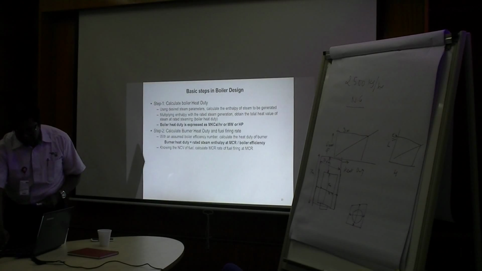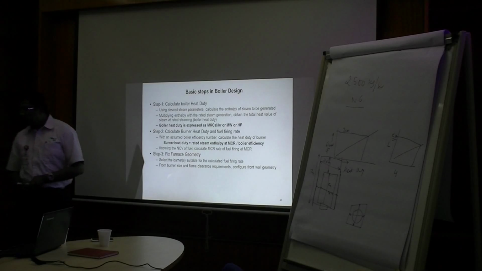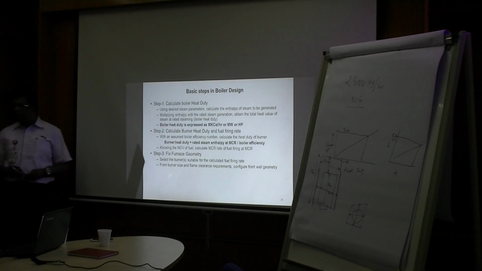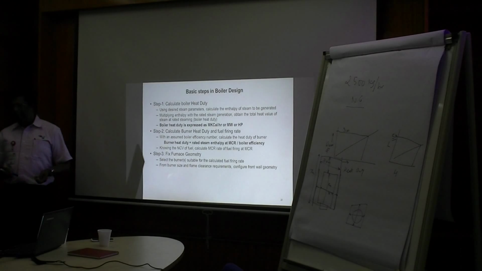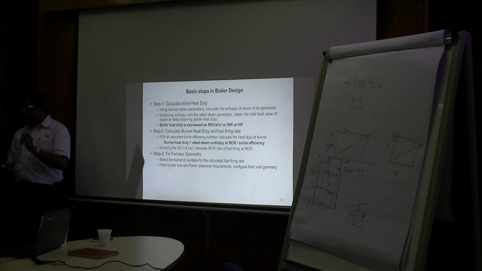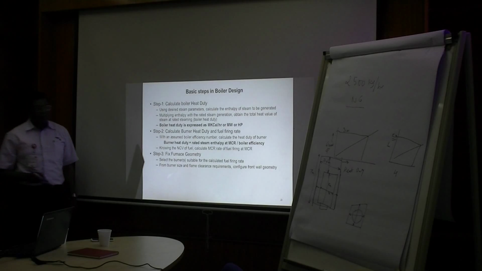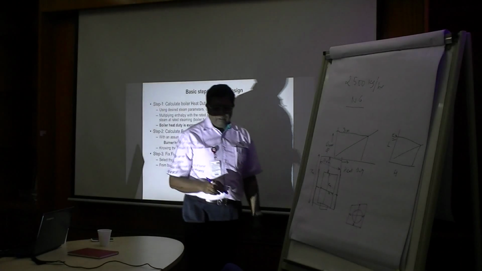It was not your requirement. So I would have gone with one burner, and then you would have come back to me, oh, I cannot run less than 50% load. You never told me. Or you want to have an N+1 philosophy. So the operation philosophy decides how many burners you need.